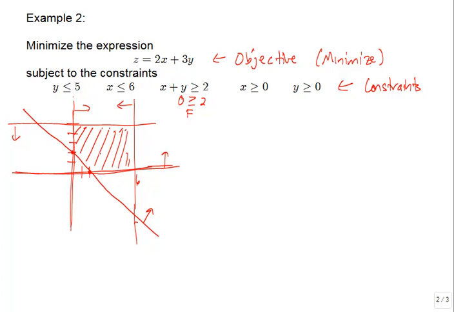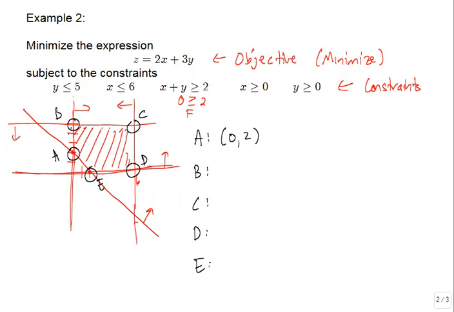And the actual solutions are going to come from all of our corner points. So here, here, here, here, and here. Let's call these A, B, C, D, and E. So let's list out the coordinates of each of our 5 corner points. Corner point A is right here, and notice that that is the y-intercept of this line x plus y equals 2. So it has an x value of 0 and a y value of 2.